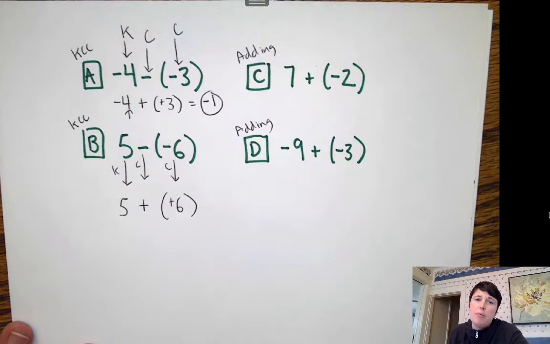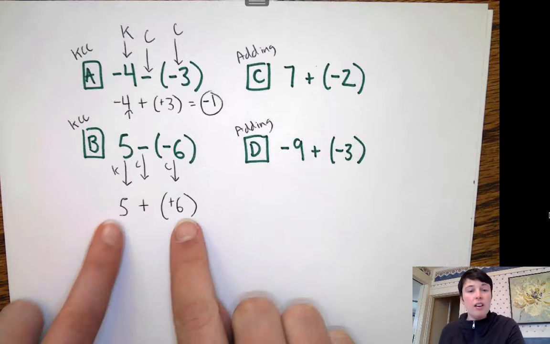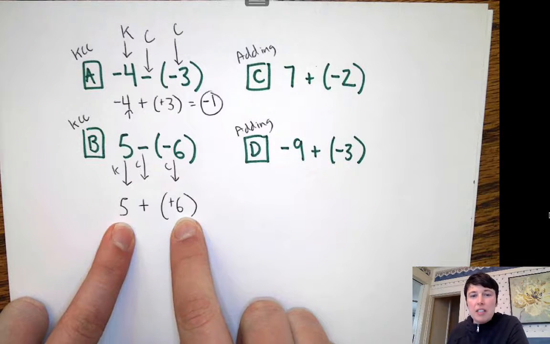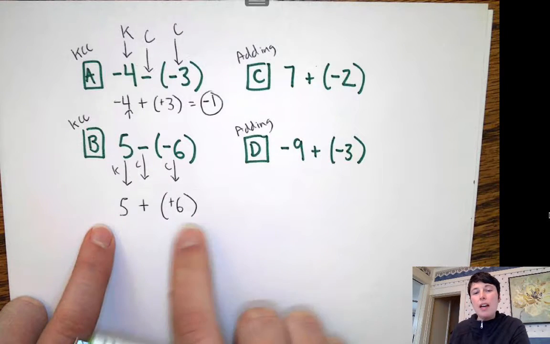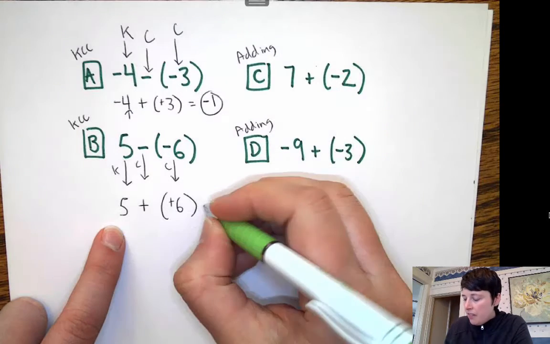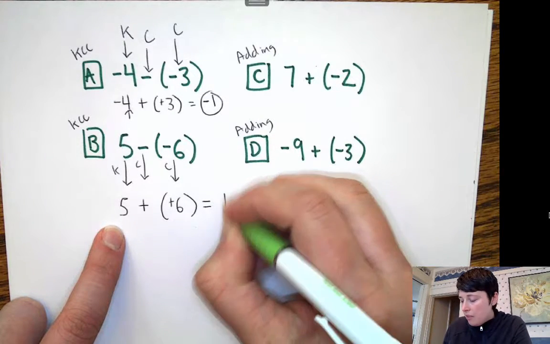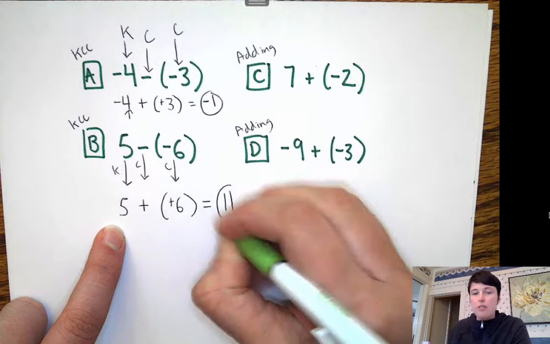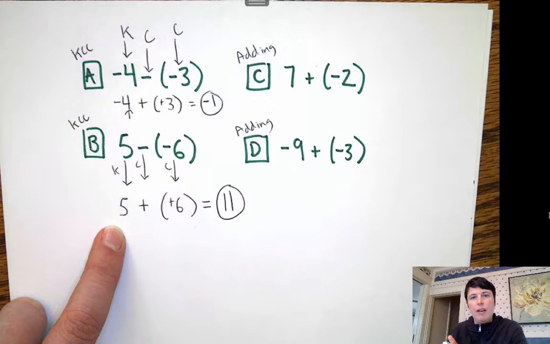Okay, now it's an adding problem. We go to our adding rules. Same signs, add and keep. Different signs, subtract. Same signs. These are the same signs. They're 5 and 6. They're both positive. So we are going to add and keep. 5 plus 6 is 11. We're going to keep it positive. Our answer is 11. All right.